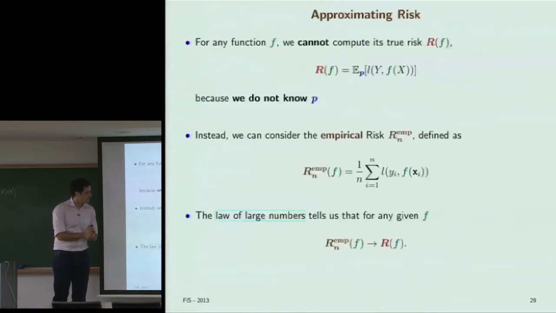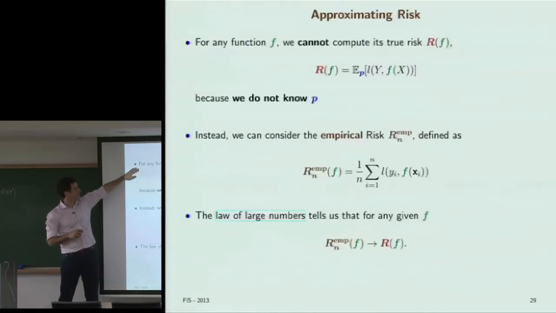So again, for any function, we cannot compute its true risk, the expectation, etc. But what we can consider is something called the empirical risk. The empirical risk is just the average of the loss.